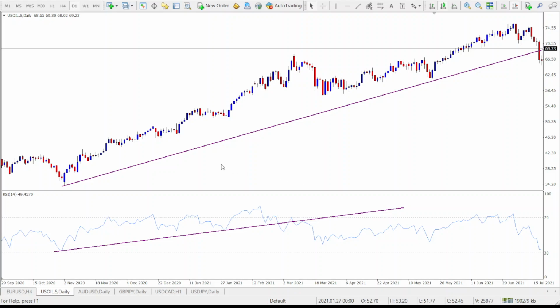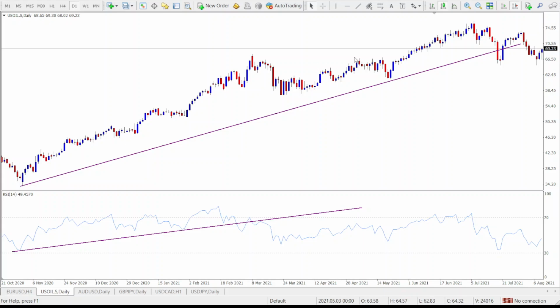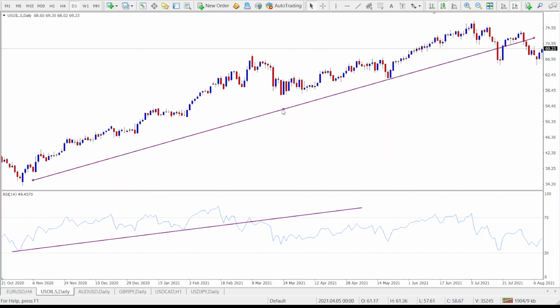Can you see that all the way up to this place, the price kept on going higher and higher in a very narrow channel, right?